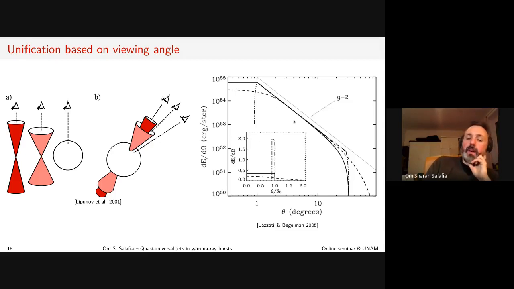And this kind of distribution of energy in the jet, with a theta to the -2 distribution, was even justified on theoretical grounds by Lazzati and Begelman 2005, based on the propagation and the dynamics of the jet breakout from the progenitor stellar envelope.